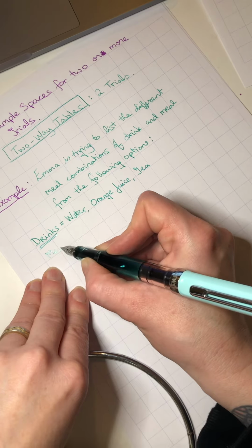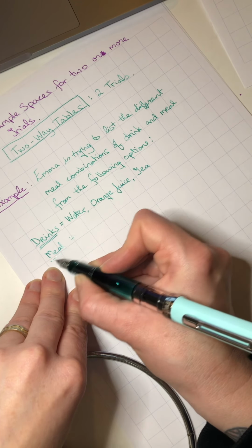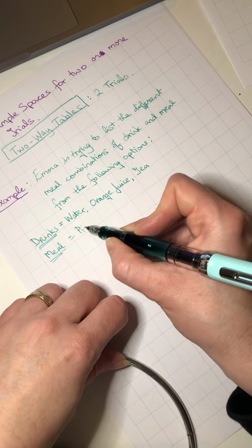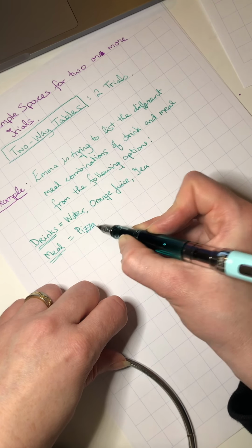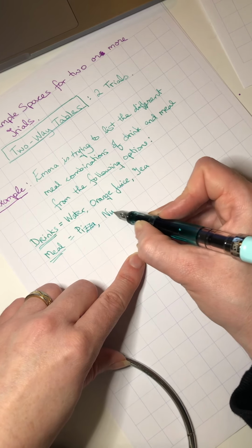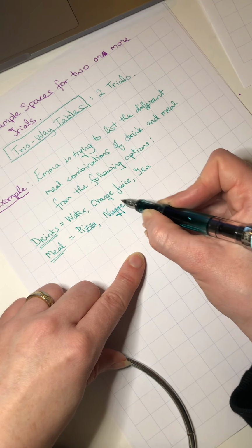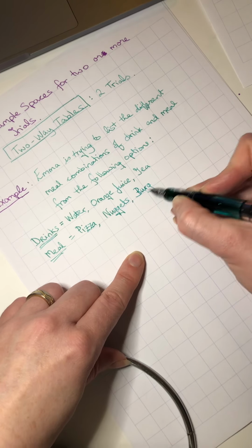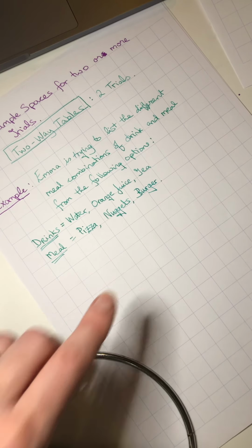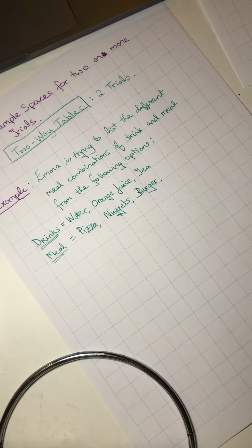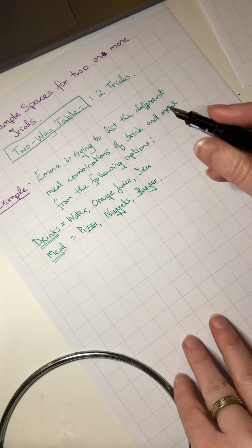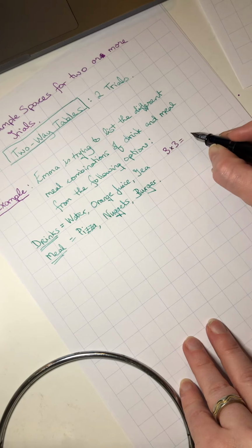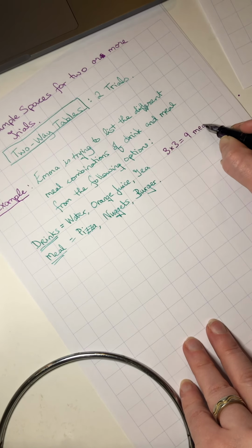And for the meal, she can choose pizza, nuggets, or a burger. Now, how many different meals could she make? Well, the fundamental principle of counting tells us that it will be 3 by 3, 9 different meals.